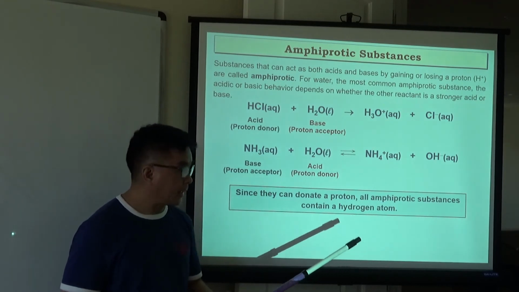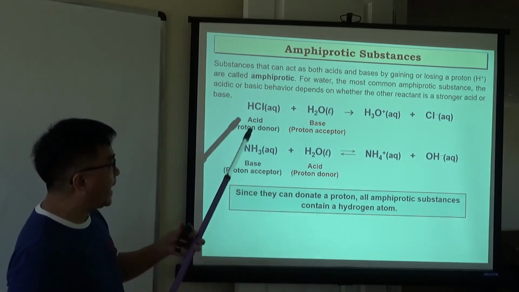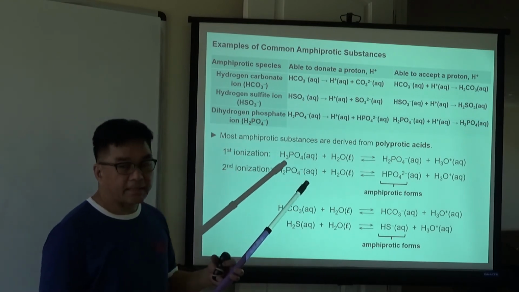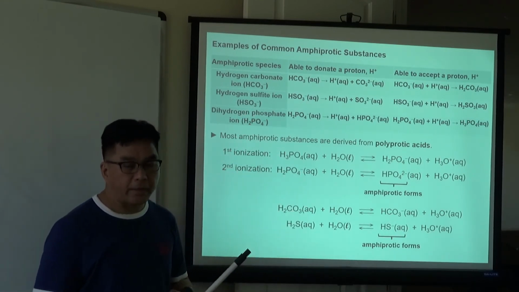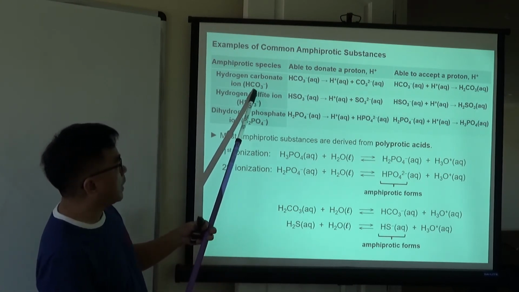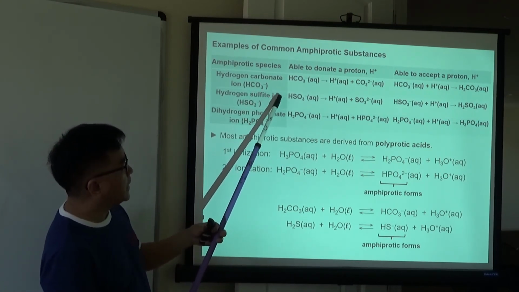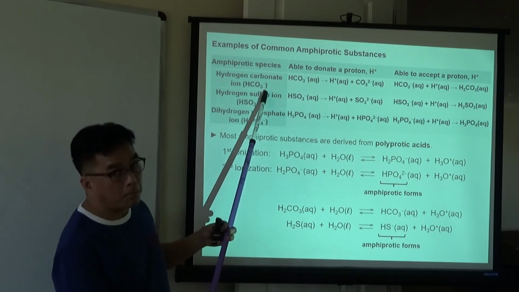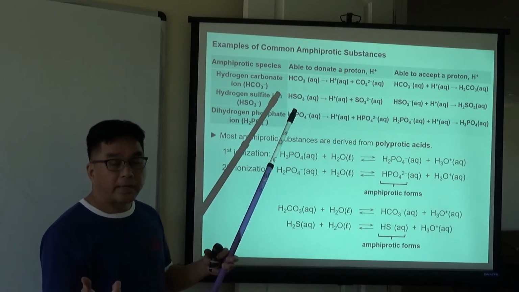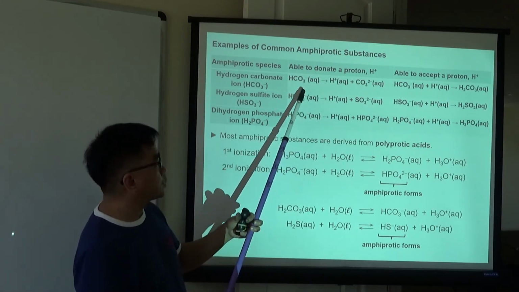Most of the amphiprotic substances are intermediate substances of a polyprotic acid. For example, hydrogen carbonate came from carbonic acid, which has 2 protons. When it releases a proton, it becomes hydrogen carbonate.